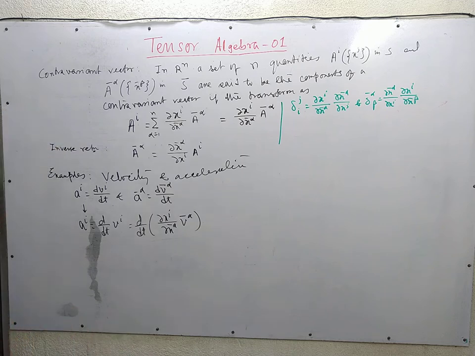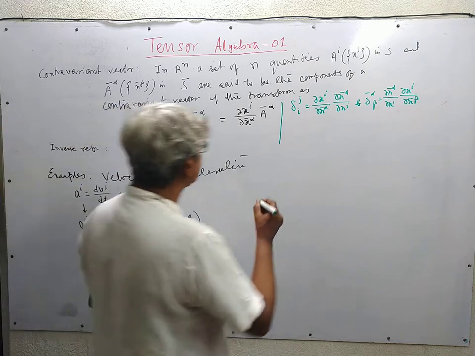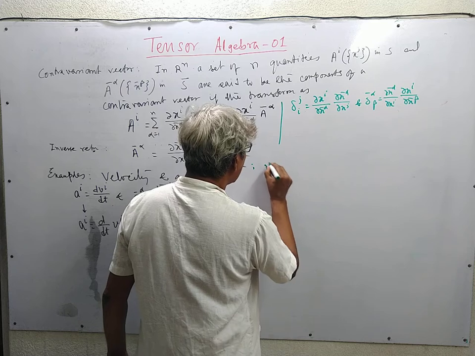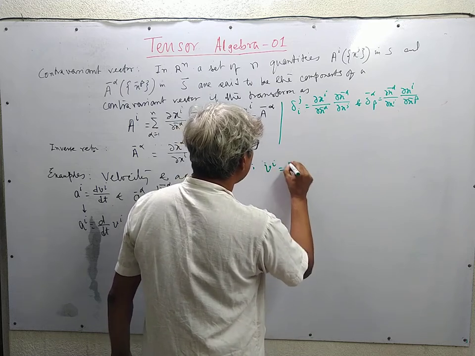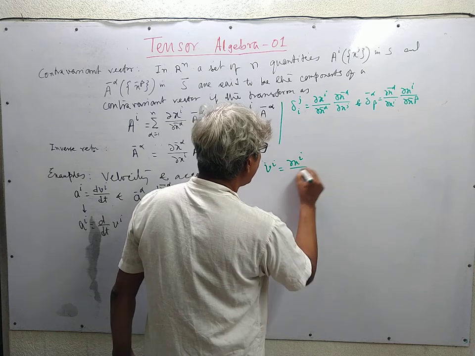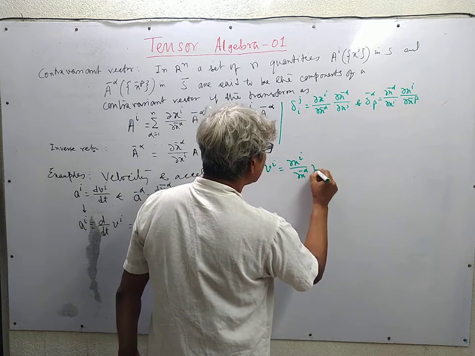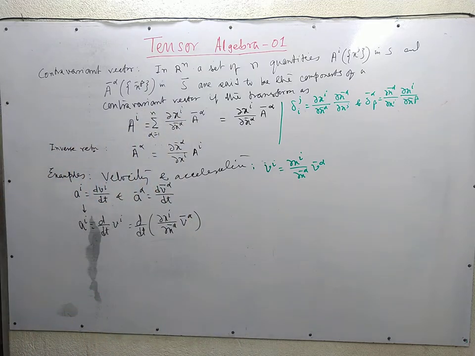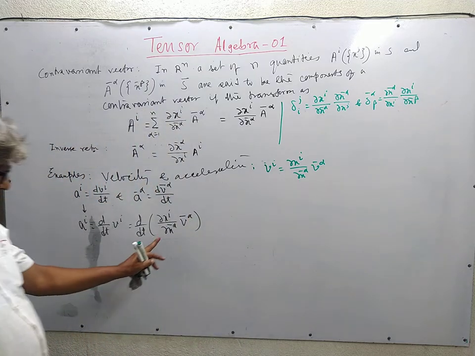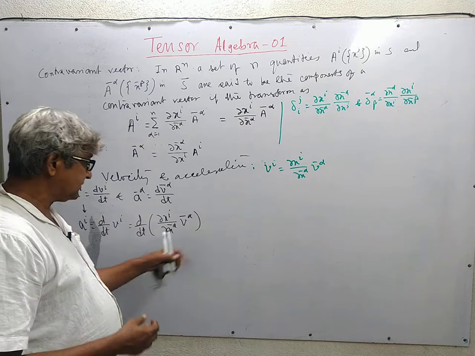Recall that we have shown that the velocity components are transformed like the components of a contravariant vector. So we have used this relation. So this time derivative once operates on this, another once on this.